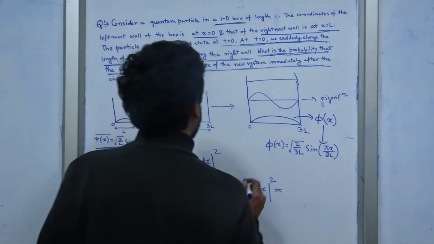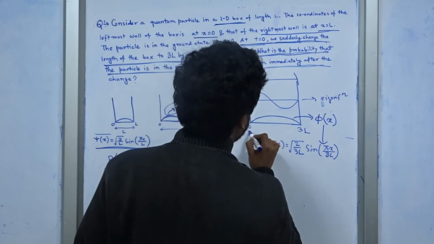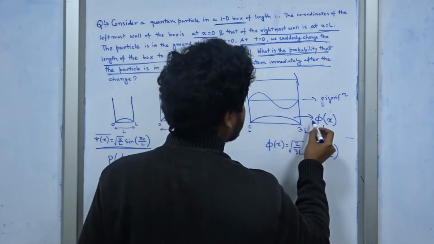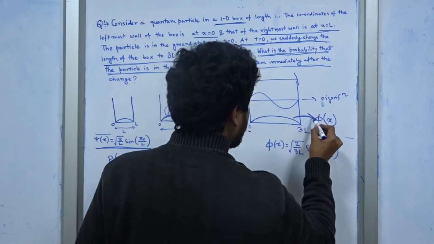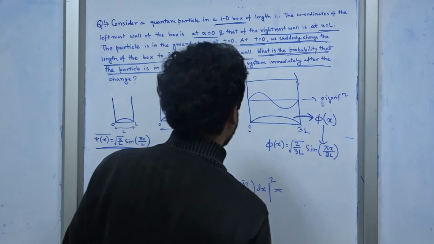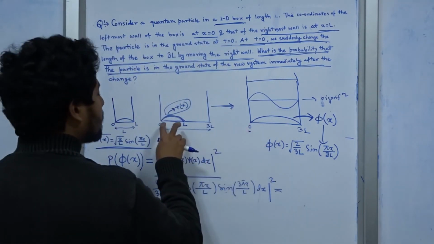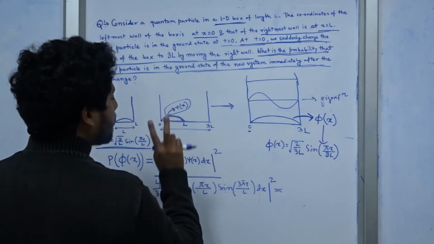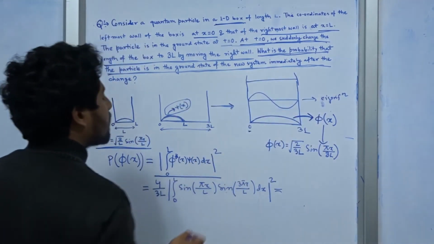But if I go to a box whose length is expanding from 0 to 3L, in that new box it has new ground states. Since in that process the initial wave function doesn't change, in the 3L box this is the wave function, and these are the different eigenfunctions of a 3L box.